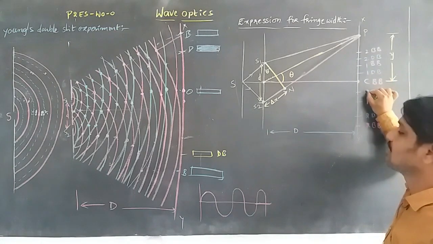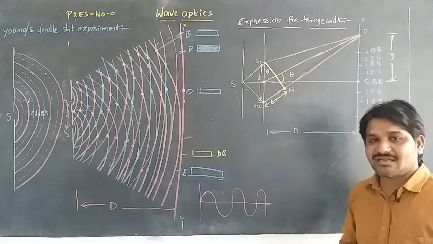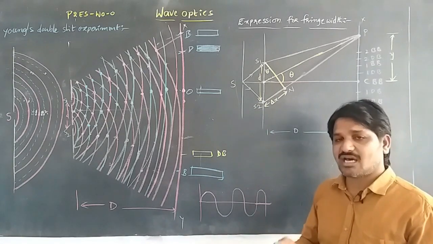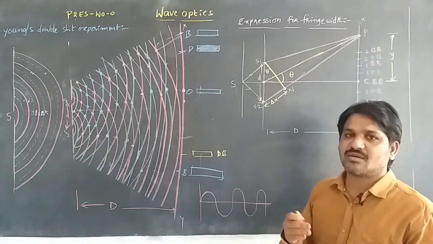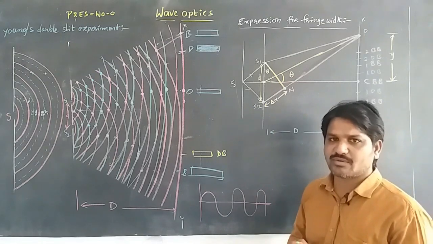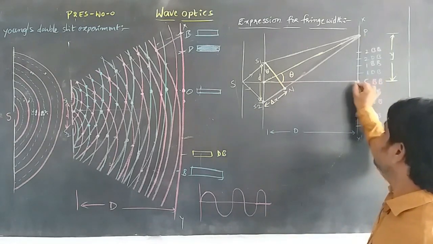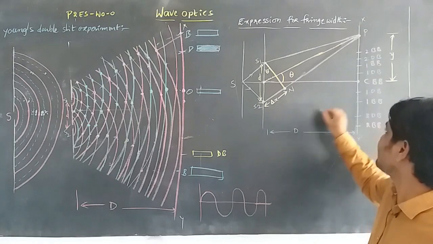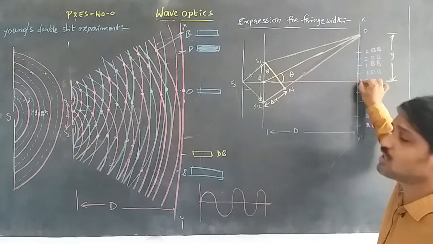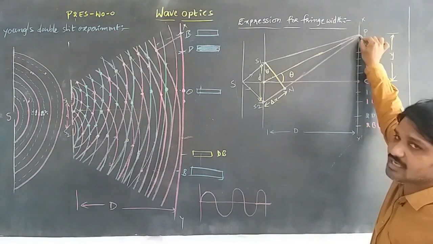Beside the central bright band, a dark band will be formed, and after the dark band, a bright band. At the center the distance is capital D. A point P is taken on the screen.